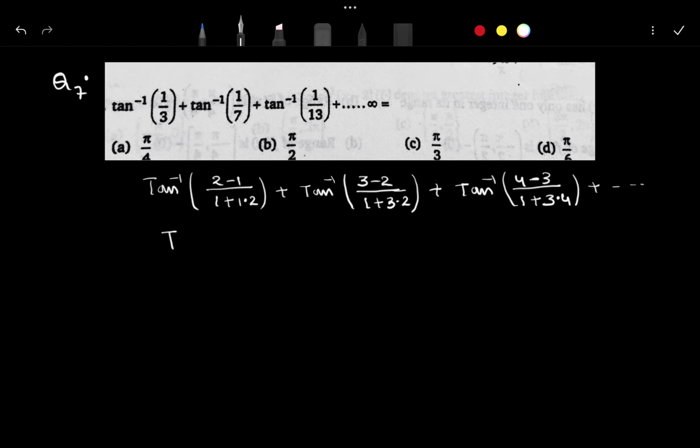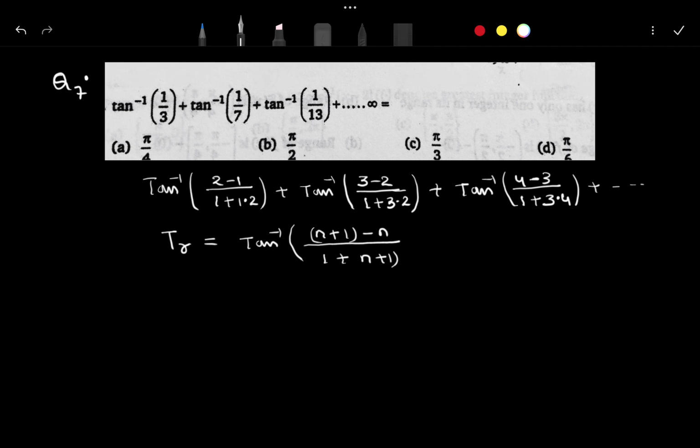By observing this one, T r is equal to tan inverse of n plus 1 minus n whole divided by 1 plus n into n plus 1.